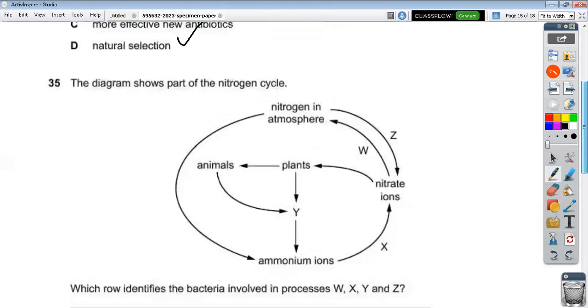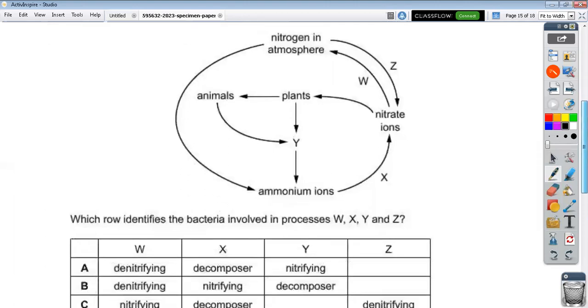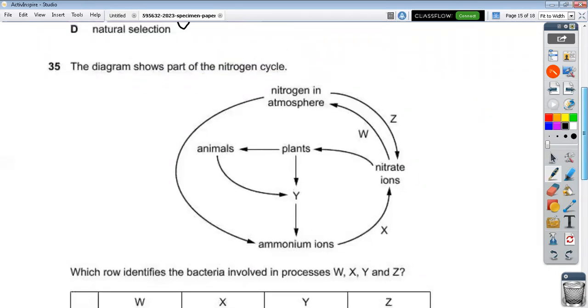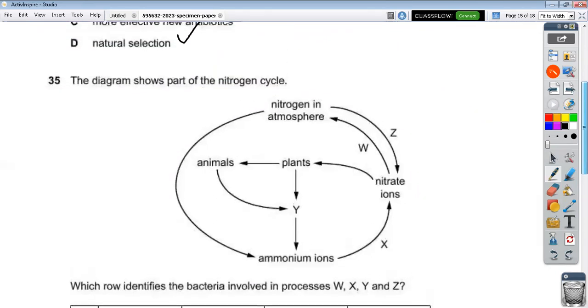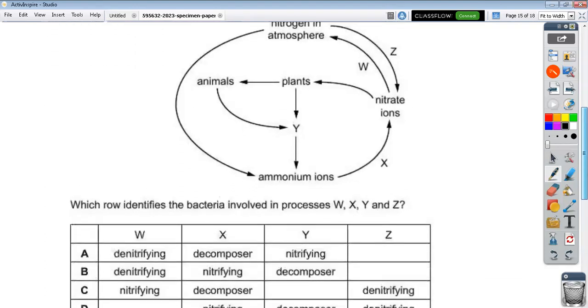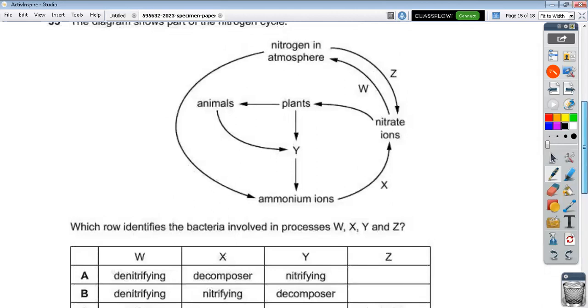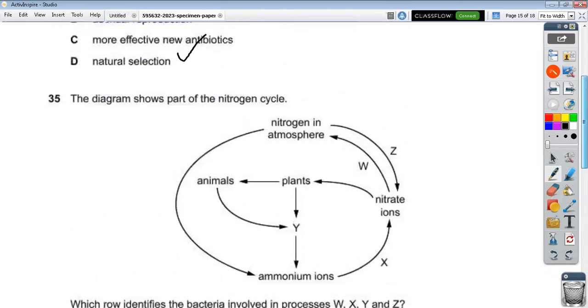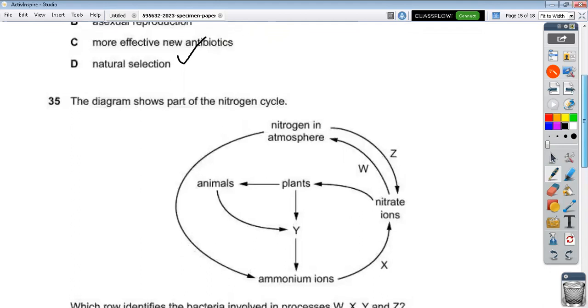Now, the nitrogen cycle. Which arrows identify the bacteria involved in W, X, Y, and Z? Which means you need to know your nitrogen cycle in detail. So W, what is W then? What bacteria is that? Nitrate ions to nitrogen in the atmosphere.